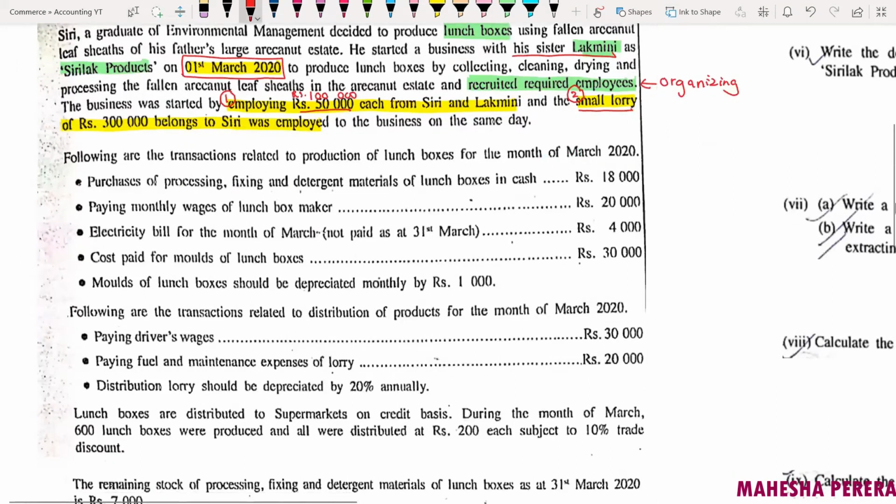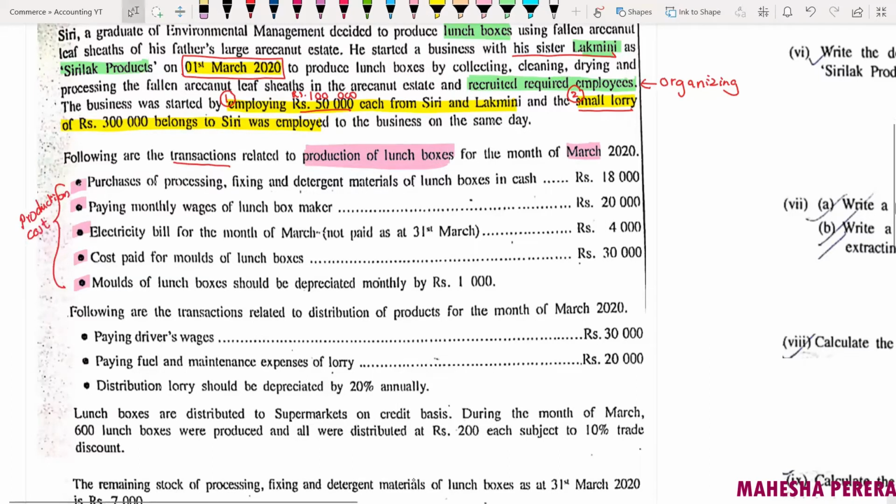Then, the following are the transactions related to production. Now, notice this: production of lunch boxes for the month of March. So you're given data for a specific month here, that month is March, and these transactions are related to production of lunch boxes.